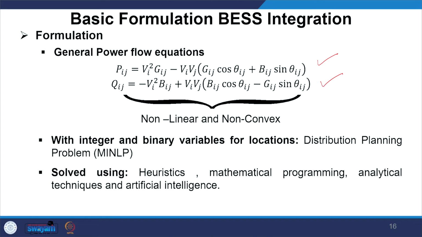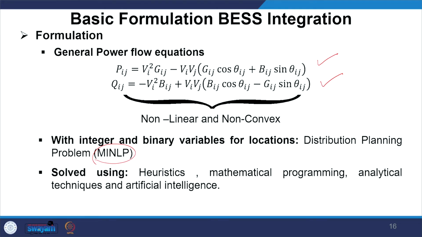So, with integer and binary variables for locations, the distribution planning problem becomes mixed integer nonlinear programming. Anyway, they are nonlinear, but it is mixed integer because of the switching on and off of many of the devices within the distribution system, including the batteries.